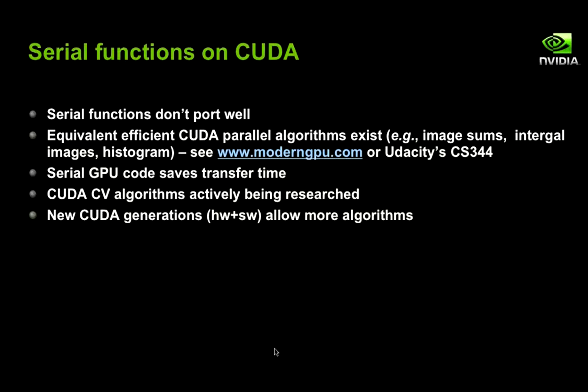For such functions that are somewhat inherently serial in nature, and by their design are hard to port to a parallel architecture, there's some hope as well, in the sense that if you look around in the literature, which is continuously evolving, there exist parallel algorithmic implementations in CUDA for those serial algorithms that can help.